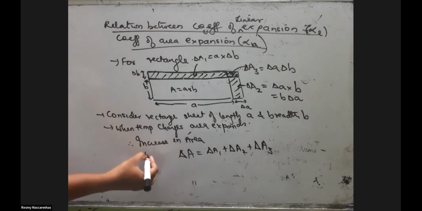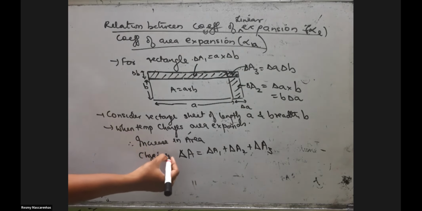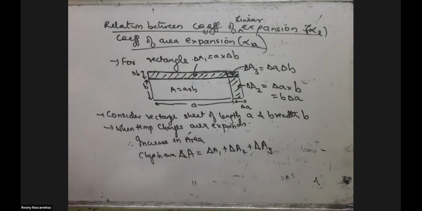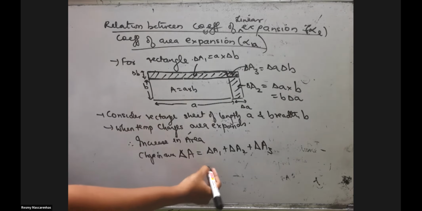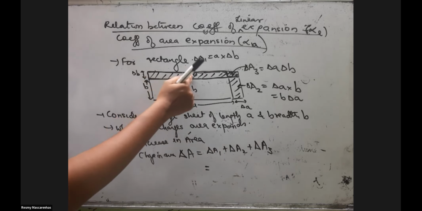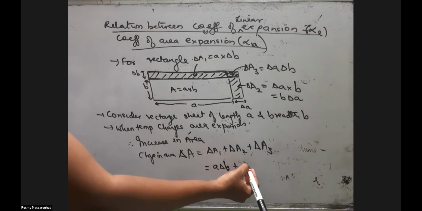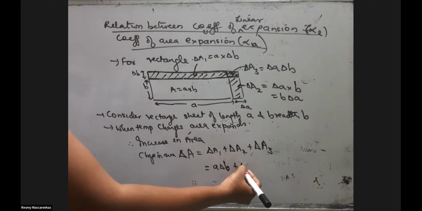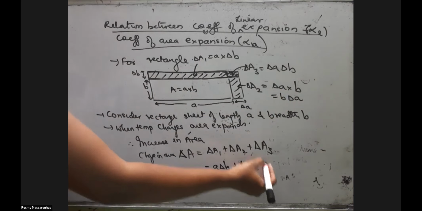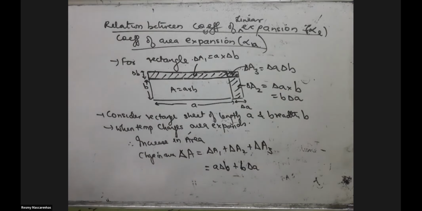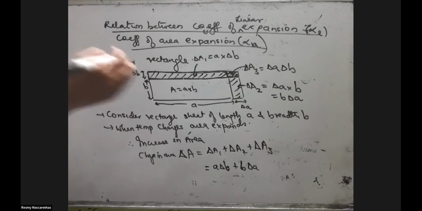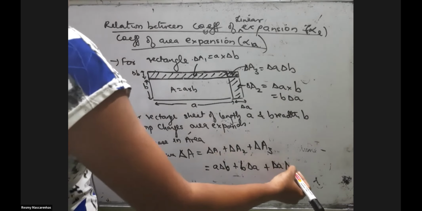How much is it? Delta A1 is nothing but A delta B. Delta A2 is what? B delta A, plus delta A delta B.